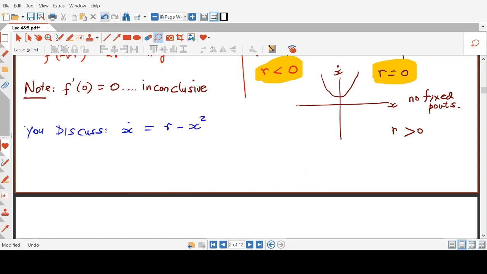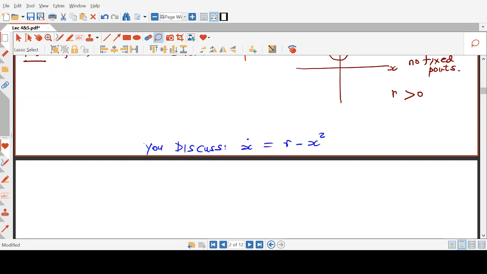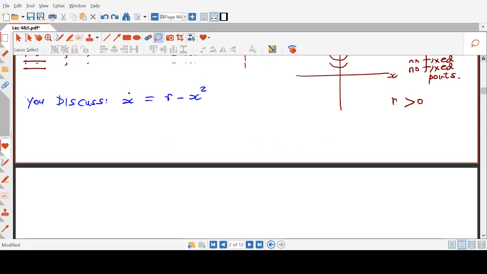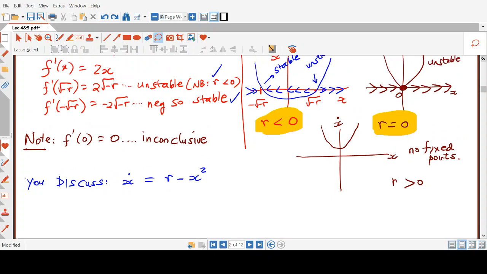Okay, leave it there, it's no problem. But let me talk about a bifurcation diagram. You see, we need to see this thing here before we draw it.